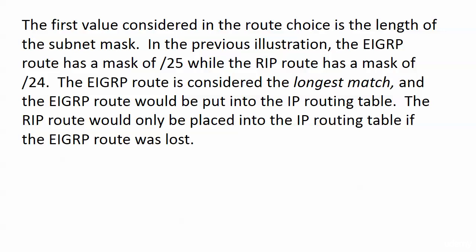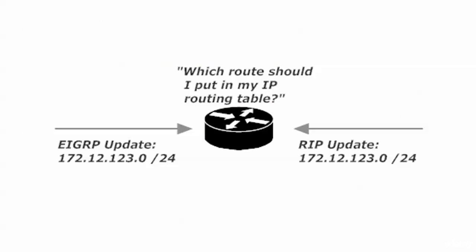So if admin distance didn't come into play there, when will it come into play? Well, there's just a 1 bit difference between this diagram and the last, but that 1 bit does make all the difference because now the router's hearing about 172.12.123.0/24 from 2 different protocols. It's hearing about it from EIGRP and it's hearing about it from RIP. So which route is it going to put into its IP routing table?